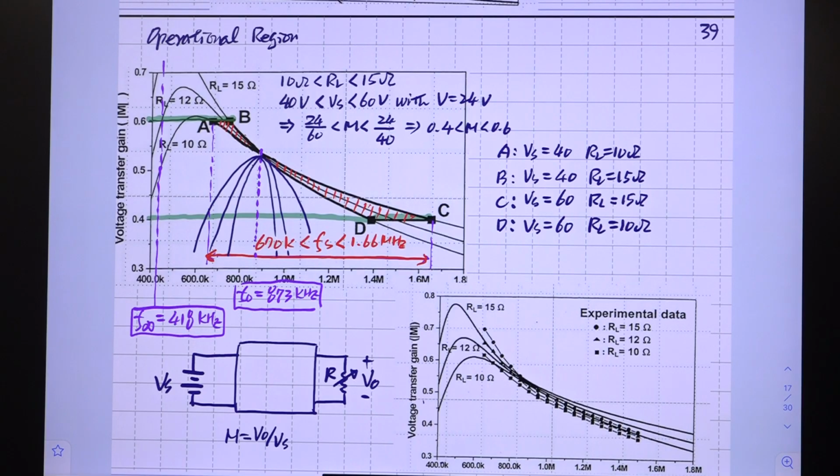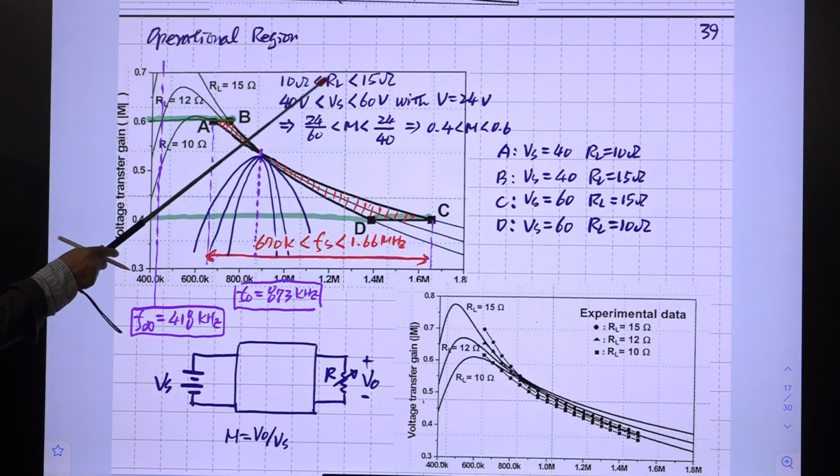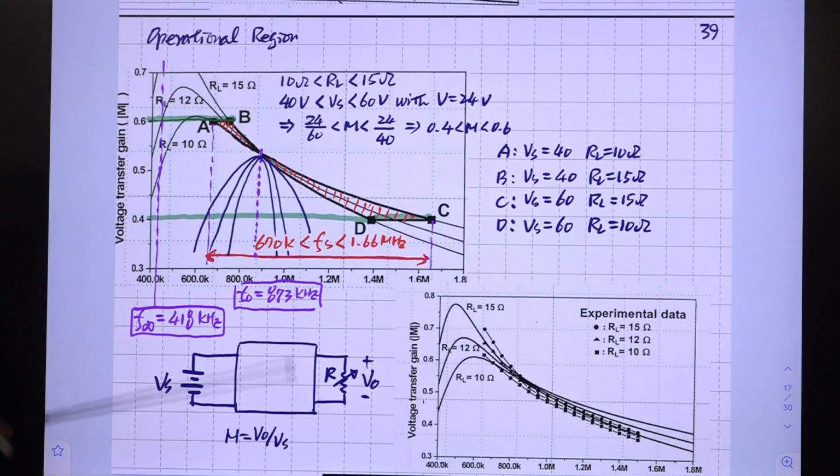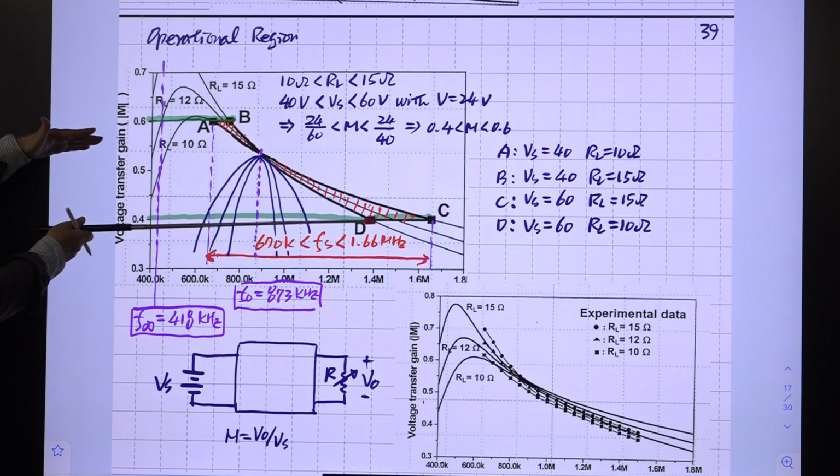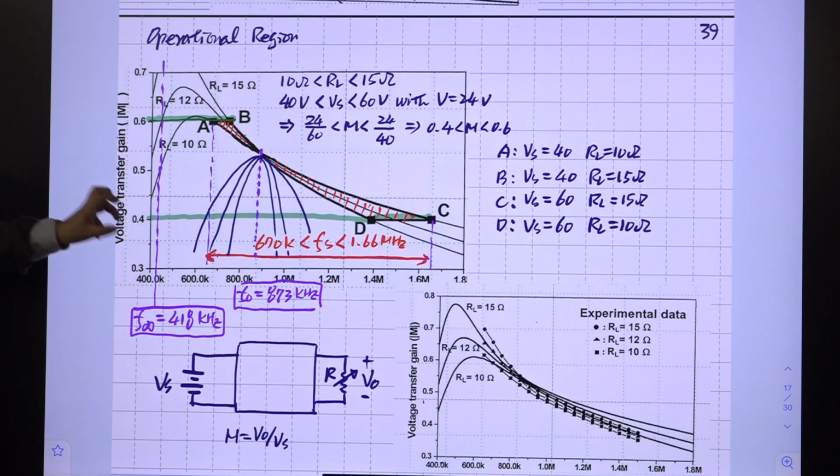We have two curves depending on the load variation. The region covered by these curves and the two horizontal lines is the region of operation.